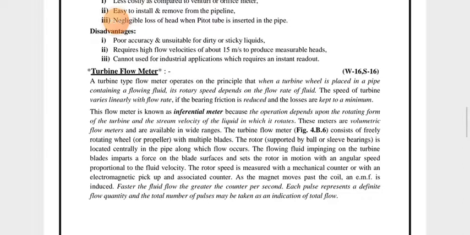As the magnet moves past the coil, an EMF is induced. The faster the fluid flow, the greater the counts per second. Each pulse represents a definite flow quantity, and the total number of pulses may be taken as the indication of total flow.